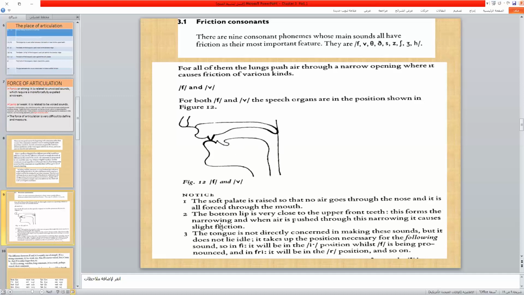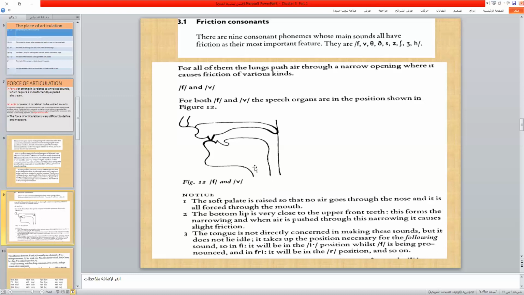Here it says it's slight friction. Look. V, v. So where is the friction? The friction is between the lower lip and the upper teeth. There is the narrowing that we talk about. The tongue doesn't have a great role here, but it doesn't lie idle.